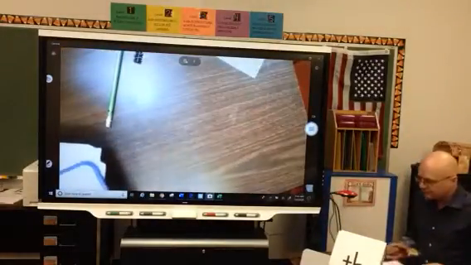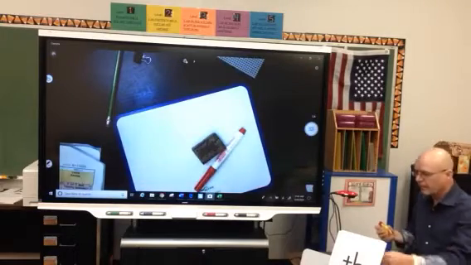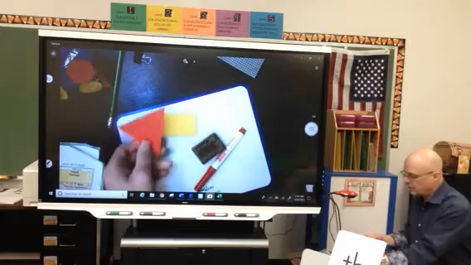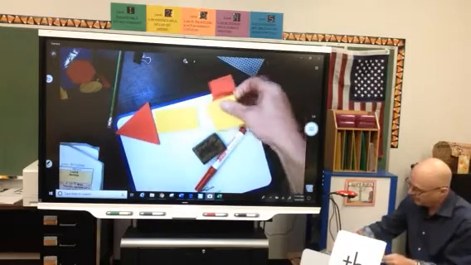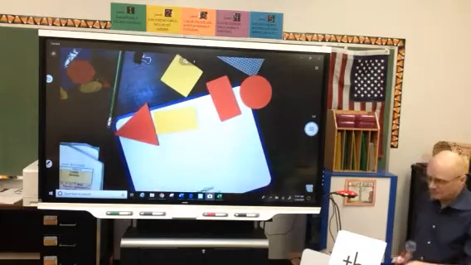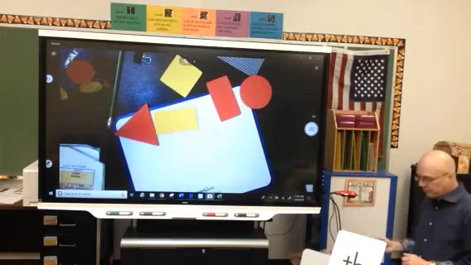So let's say we started with 5 shapes. I got 1, 2, 3, 4, 5. We had 5 shapes.